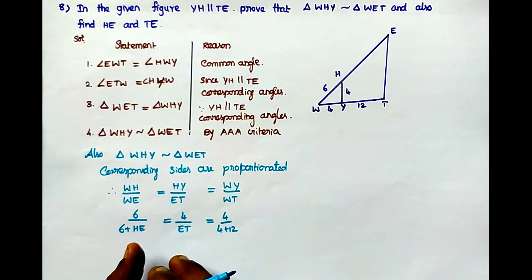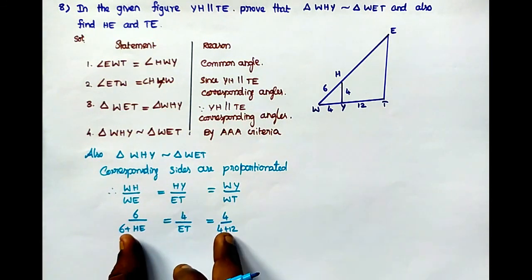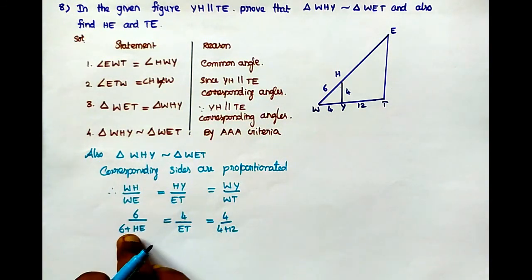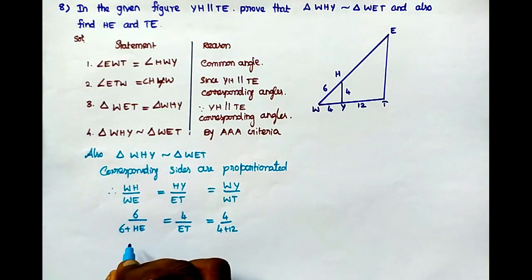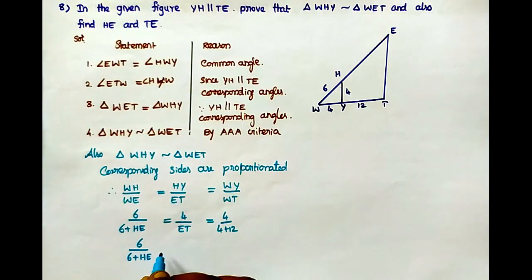Take any two. Here we know that from these two we can find out HE. So 6 by 6 plus HE equal to 4 by 4 plus 12, 16.